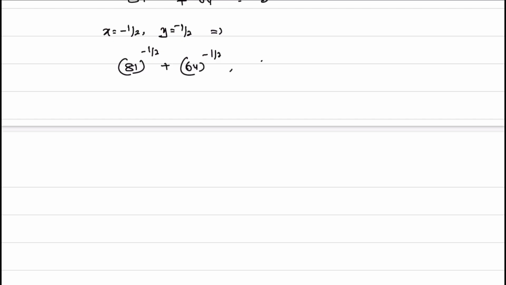Then the right hand side will be 5 to the power of minus half plus minus half. That is equal to 5 to the power of minus 1. What is 5 to the power of minus 1? 1 by 5. That is 0.20.